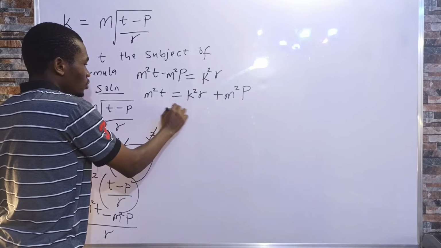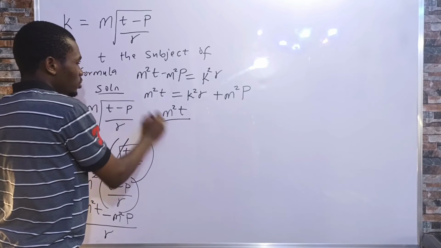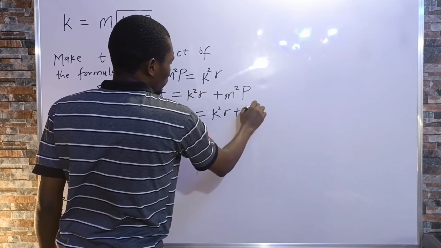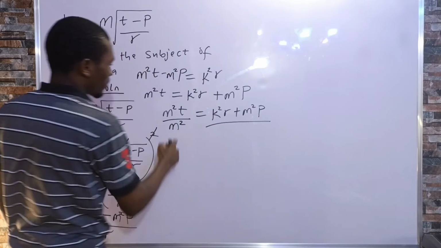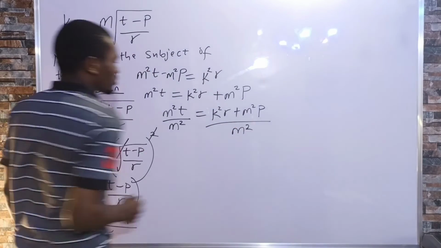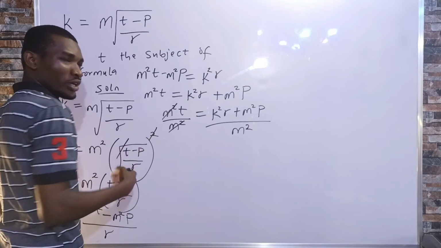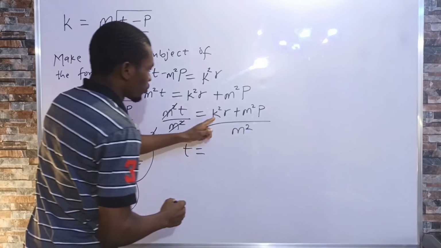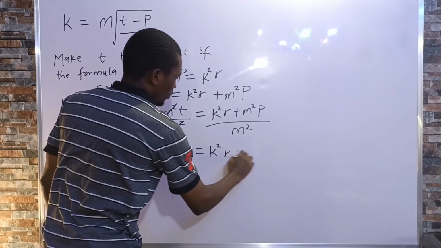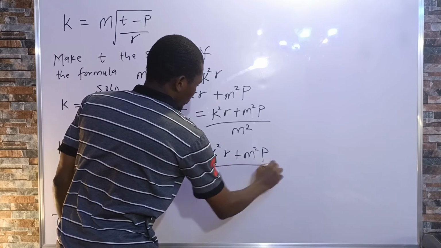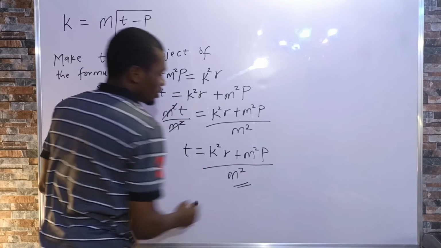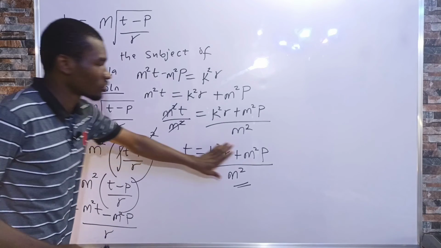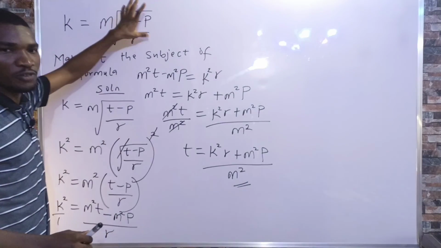So I divide both sides of the equation by m squared, and that is equal to k squared r plus m squared p, all over m squared, such that m squared can divide m squared, and we are left with t. t is equal to k squared r plus m squared p, all over m squared. So we succeeded in making t the subject of this given equation or formula.